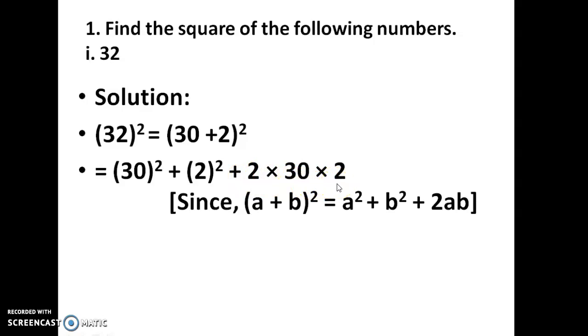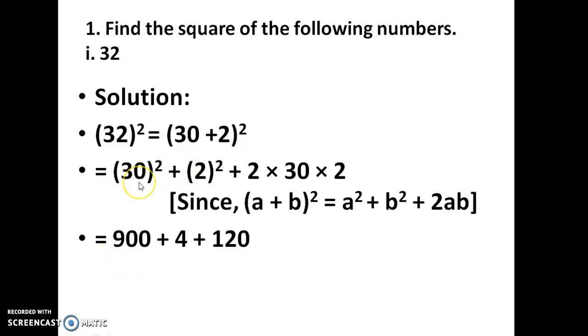If you simplify this, you will get 30 square as 900. You should not do this by long multiplication, 30 into 30, no need to do that. You can do mental calculation by simply squaring 3. Square of 3 is 9. Now write 9 here.